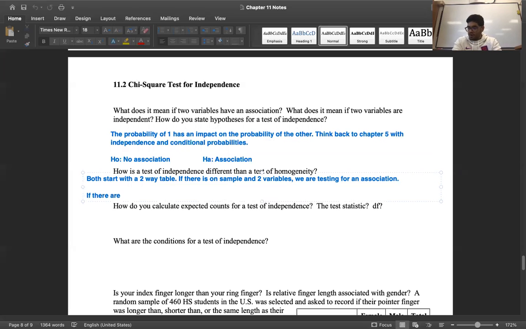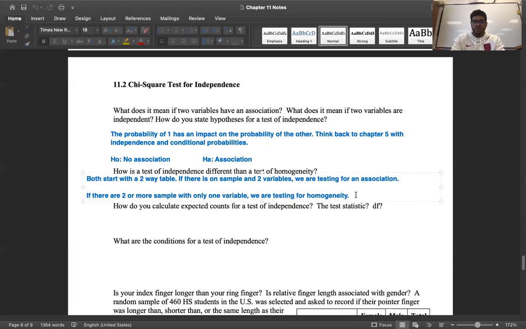If there are two or more samples with only one variable, we are testing for homogeneity. Which makes sense, because homo means one, so we have one variable. But here we want to test an association between multiple variables.